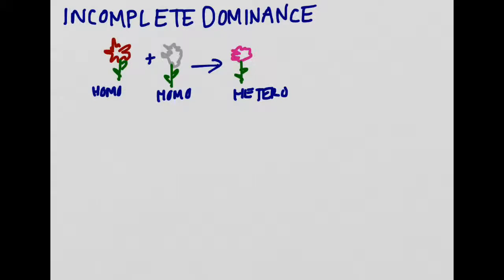So the red flower, we can talk about that as being R, R, two capital letters. And the white flowers, again, no recessive alleles, so we're going to call that big W, big W. And so the pink hybrid here is going to be a combination of our capital R's and our capital W's, to give us capital R, capital W. So in incomplete dominance, the genes are appearing to blend together.